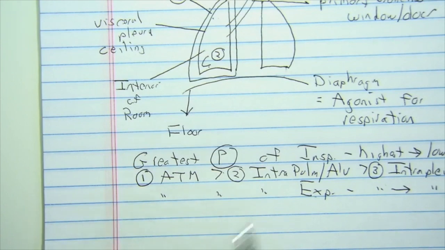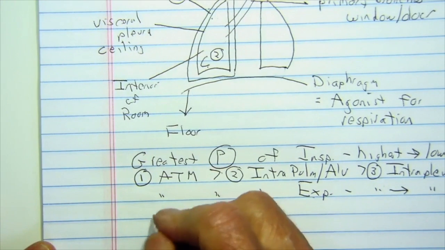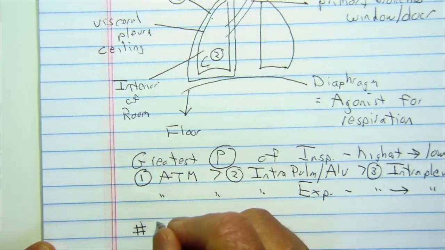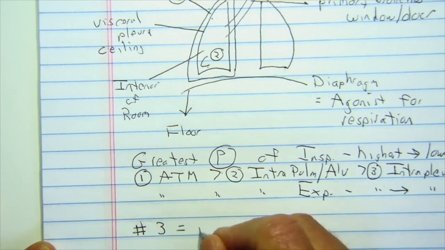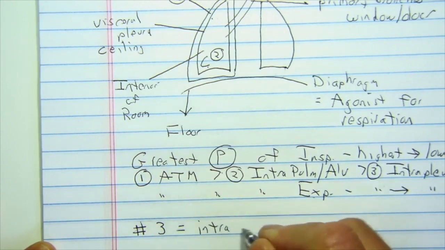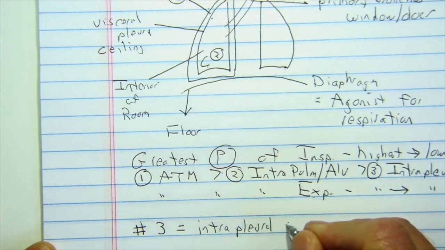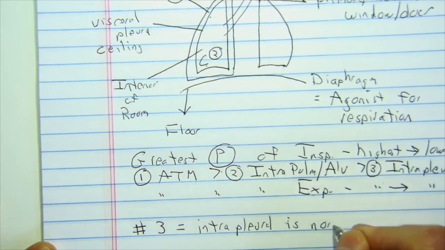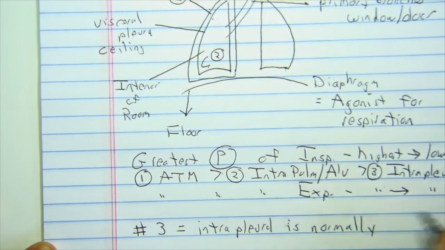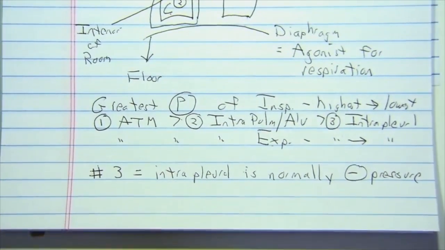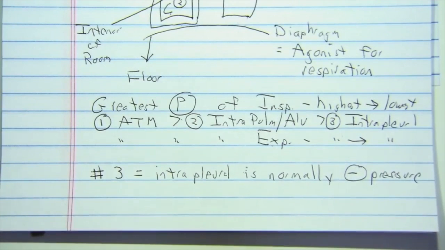The reason being is that pressure number 3, which is called intrapleural, is normally a negative pressure. It means it's negative as compared to the other 2. That's what literally keeps my lungs from collapsing.